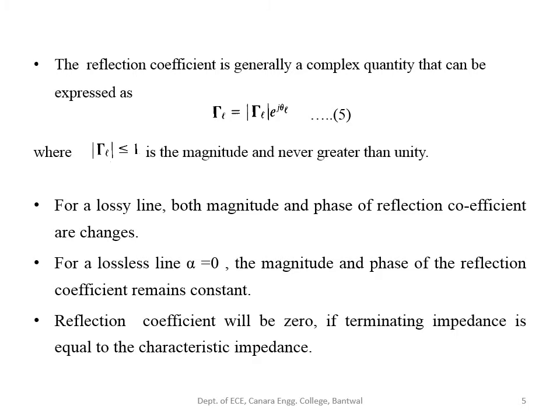For a lossy line, that means the attenuation constant is not equal to 0, both magnitude and phase of the reflection coefficient change. For a lossless line, when the attenuation constant is equal to 0, the magnitude and phase of the reflection coefficient remain constant. Reflection coefficient will be 0 if the terminating impedance is equal to the characteristic impedance.